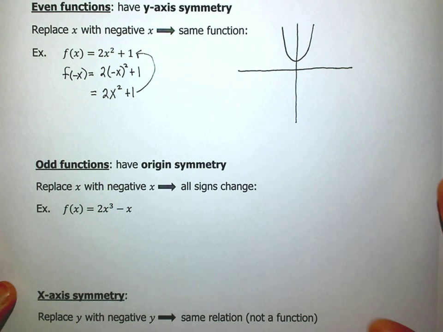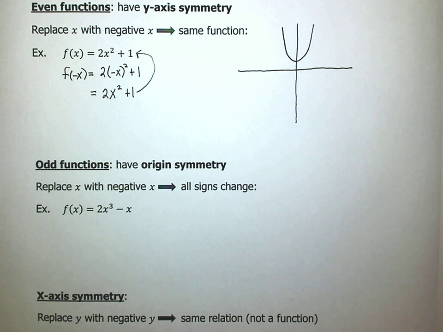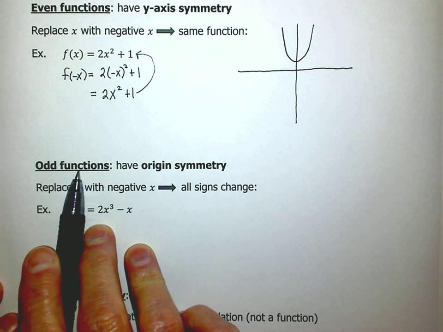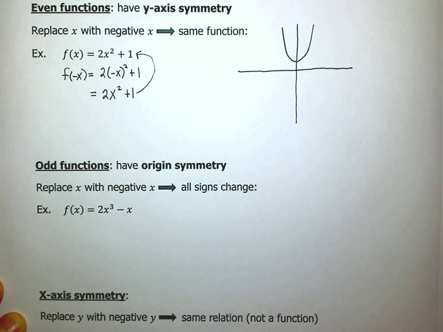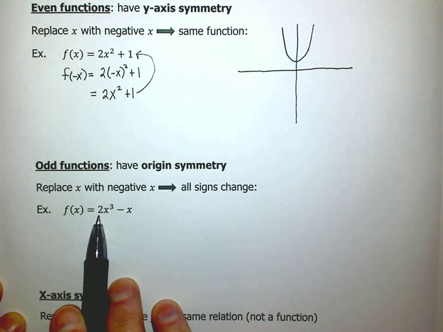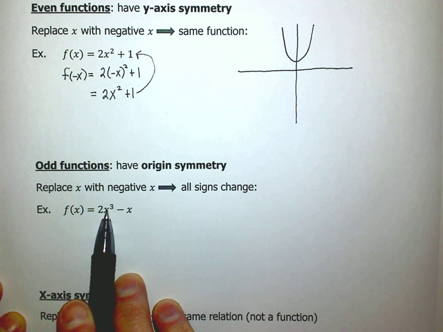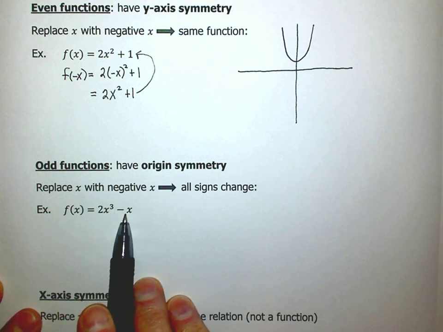If a graph is mirrored across the origin, we say that it has origin symmetry, and the function is an odd function. The graph of an odd function will look the same when we turn it upside down. The example we have is f of x equals 2x cubed minus x.